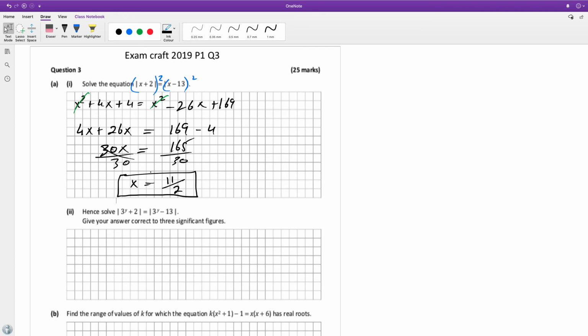Right. Hence solve 3 to the y plus 2 is equal to 3 to the y minus 13. Important word: hence. Good stuff. Gav, why is hence important? You use the answer from above. Whenever you see hence, it's the answer from above.